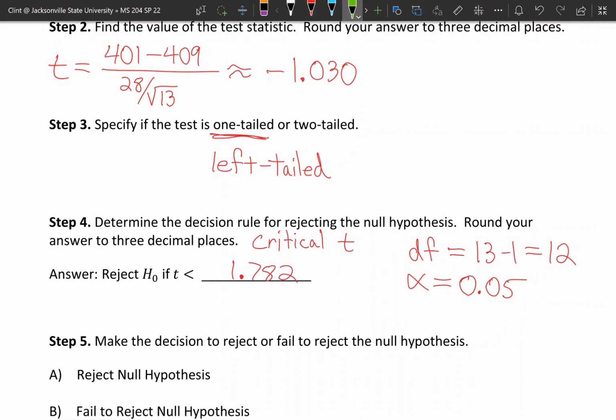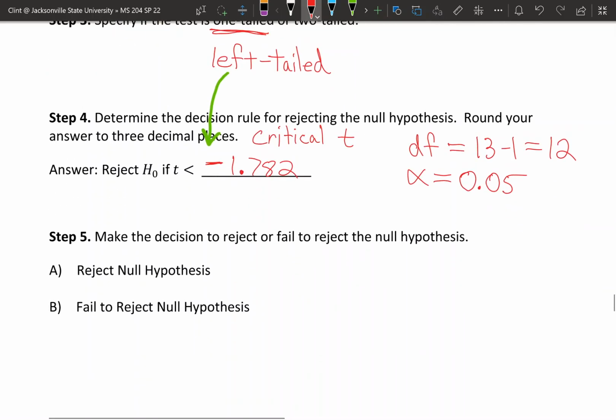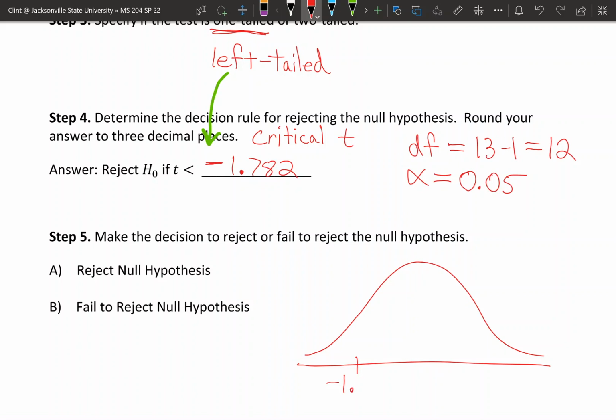And then one last thing, since we're on the left side, I'll make this negative, so we want it to be on the left side. And then to make our decision, we're doing a left-hand test, so we got our critical t over here, negative 1.782. To the left of that is our rejection region.